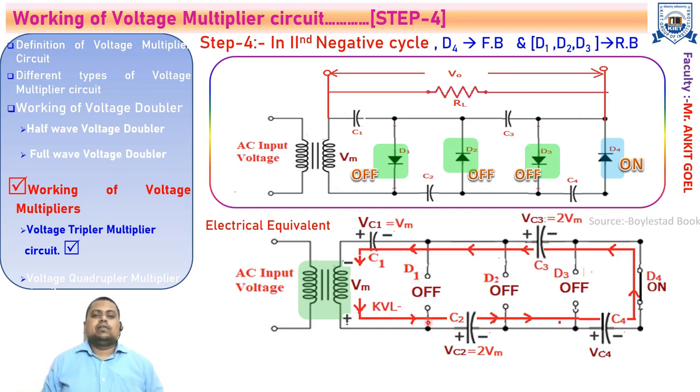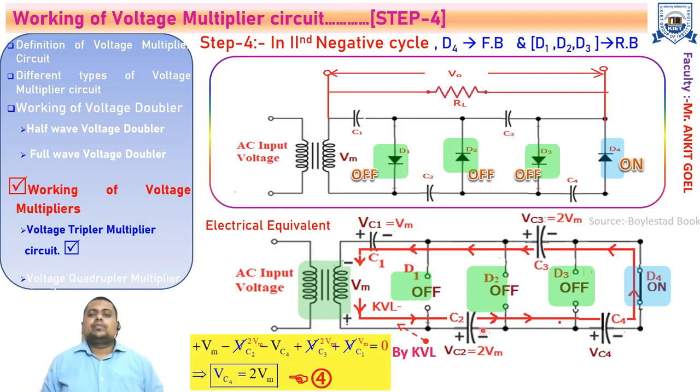So just apply the KVL via input supply, C2, C4, diode D4, C3 and C1. As you can see, only the diode D4 is in the on state while D1, D2, D3 are in the off state. So applying the KVL, you will get the equation as plus Vm minus Vc2 minus Vc4 plus Vc3 plus Vc1 equals 0.